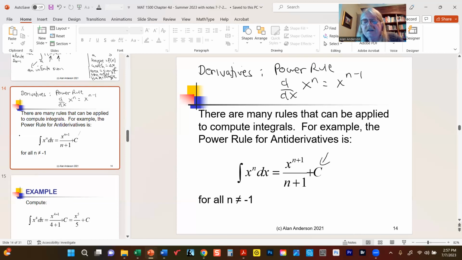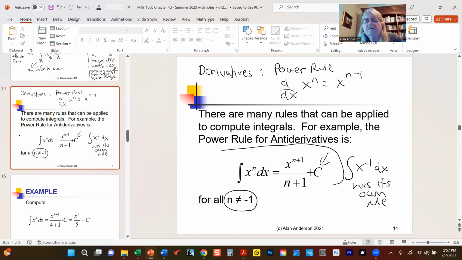And of course, we always need the c here. The only thing we can't have here is n equal to negative 1. Okay, this one has its own rule. So every other case can be solved like this.